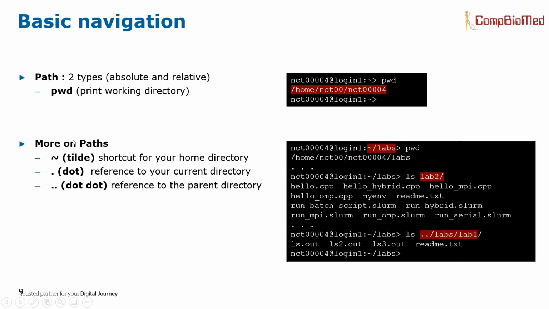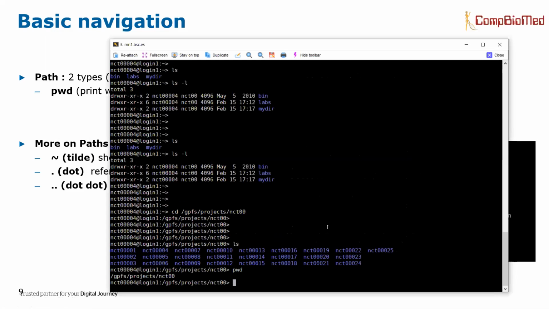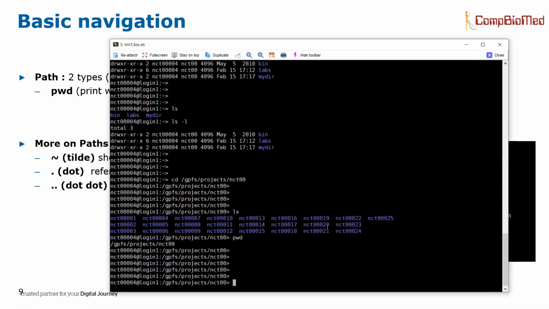And the other thing is that you have also some shortcuts, and these shortcuts are mainly listed here. So you have the tilde character. It is a shortcut for your home directory. So if, for example, I want to go back to my home directory, I can type in cd and then the tilde character.